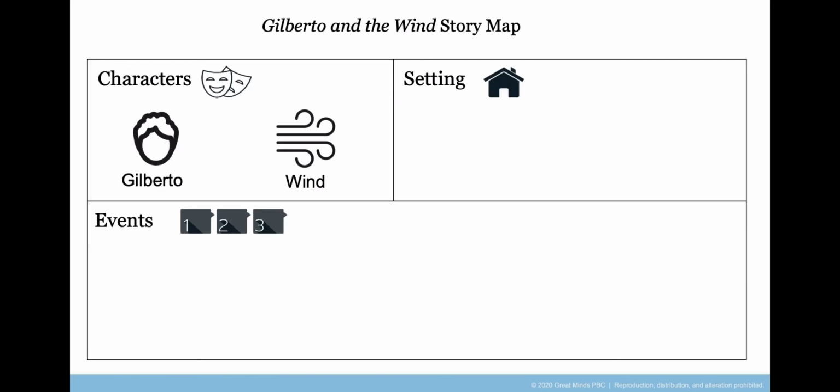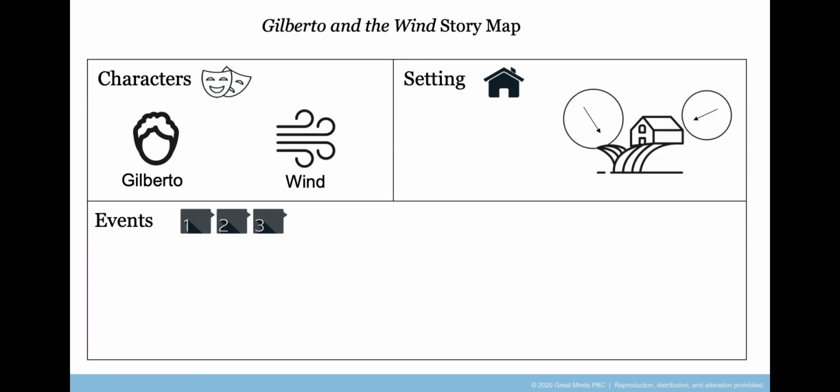And I thought of those things because the story begins inside of Gilberto's house, but then it moves to places like the pasture or the meadow. And these places are all outside of Gilberto's house. So I am going to add a house with arrows that show outside and inside Gilberto's house to the story map.